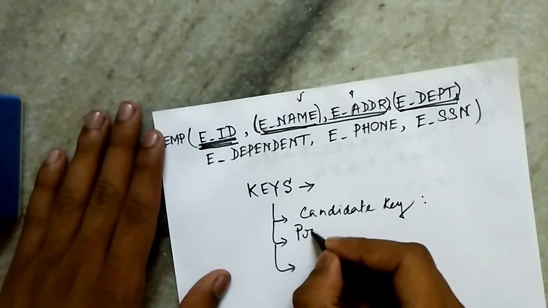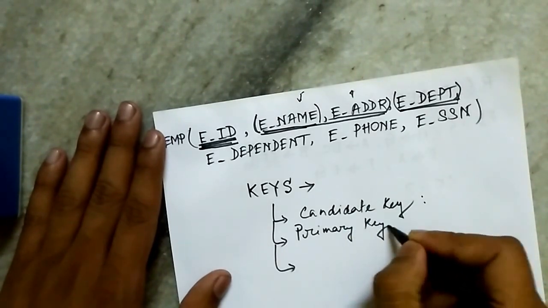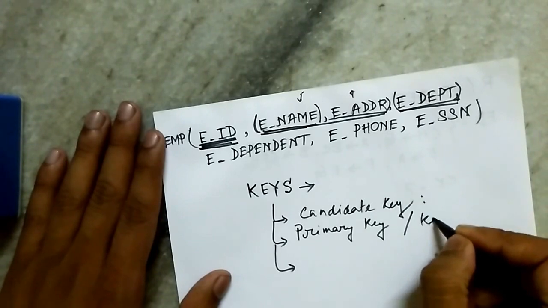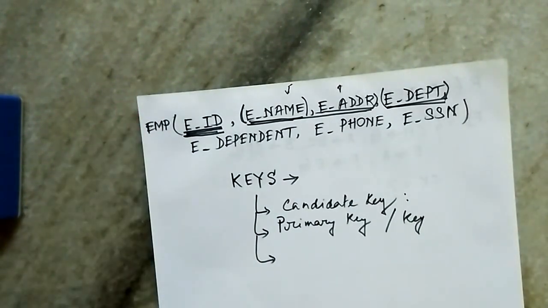Now, what is primary key? The primary key is also called just the key. It is actually a candidate key which is chosen as the key.